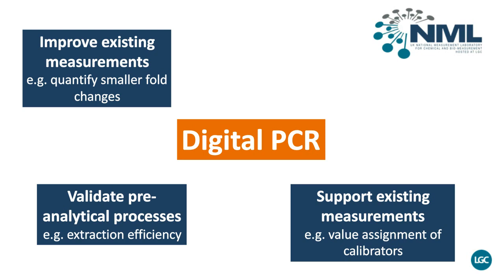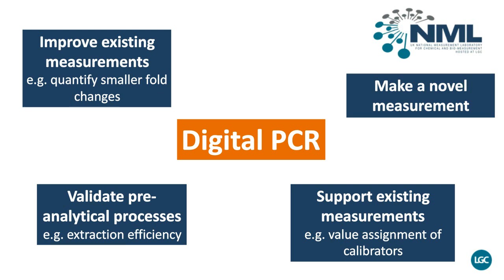So I talked about the traceability chain up to the SI unit, and say a lab has a real-time PCR machine, they don't have access to a digital machine, we could use digital PCR to value assign the calibrant materials that they then use. And then, of course, you can make totally novel measurements with digital PCR. And for this, I'm talking about things like higher order multiplexing or drop-off assays that are incredibly difficult to do with other technologies.